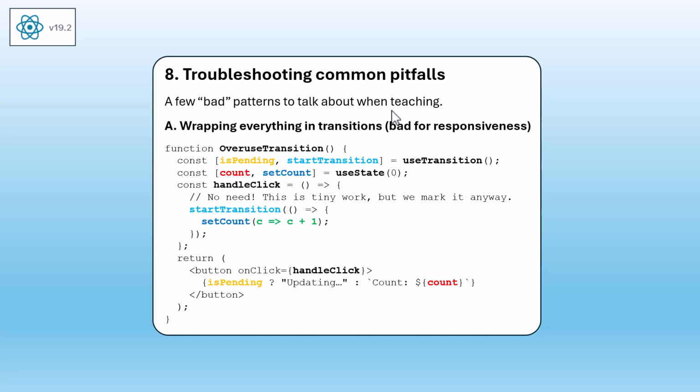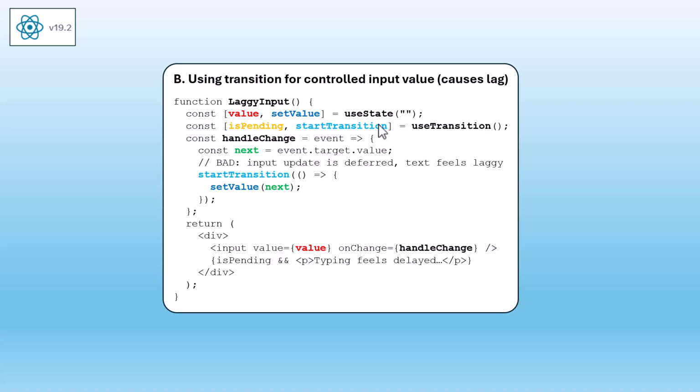8. Troubleshooting common pitfalls. There are several pitfalls. For instance, if you wrap every state update in a transition, you might delay even urgent updates, degrading user experience. Or if you use transition for controlled input updates, text fields, you will notice lag or misbehavior because input updates must remain synchronous.